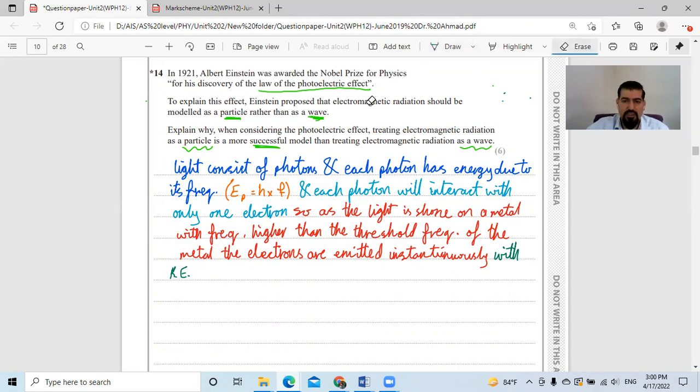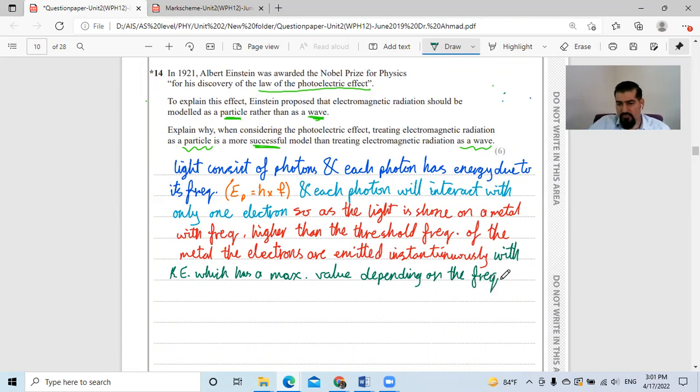It has a maximum kinetic energy, which has a maximum value, depending on the frequency of the photon and the position of the electron.